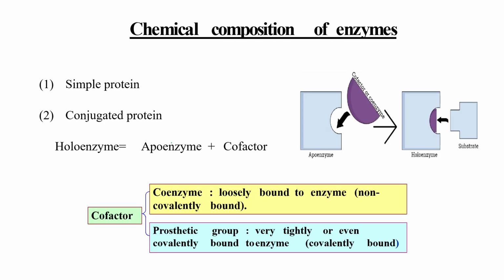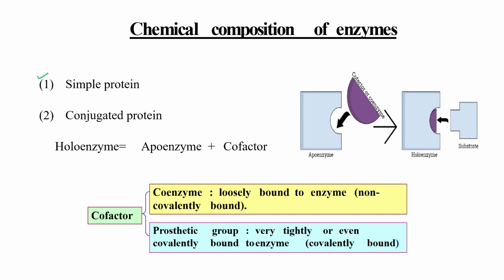Now, chemical composition of enzymes. All enzymes are proteins, you know this very well, but there are some exceptions, like some nucleotides such as RNA molecules, ribonucleases, which can also act as enzymes. But broadly, we can classify enzymes into two different categories.